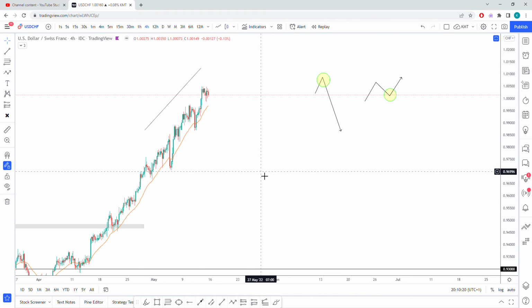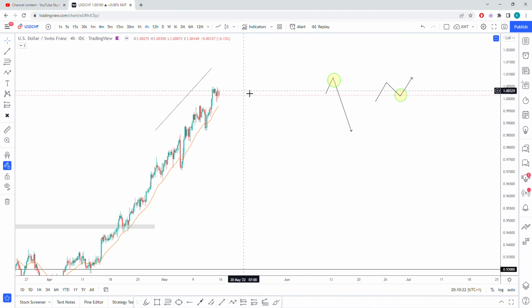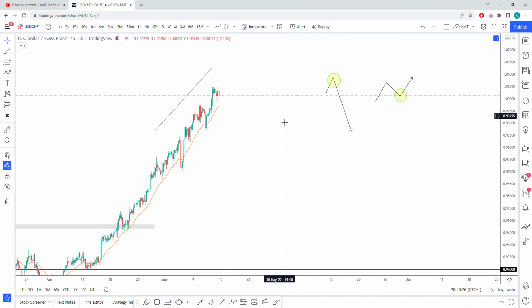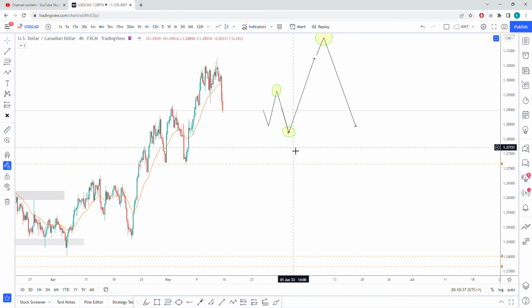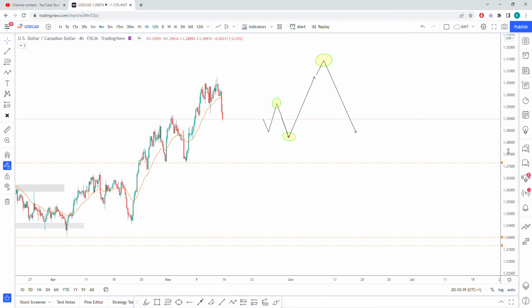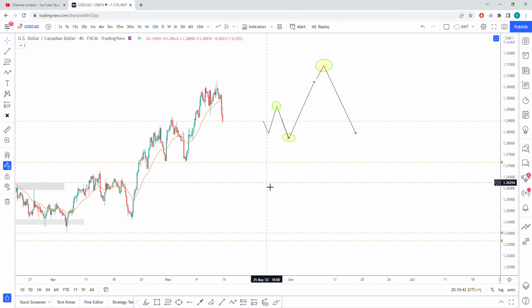But back to the analysis, like I said, potentially looking at some sells soon if we start to see some sellers step in, or we're going to have that continuous pushing up in price, and we're not entirely sure when that is. So both of them, we just have to keep our eyes peeled and see where we go with that. So looking at the last pair for today, USD CAD.